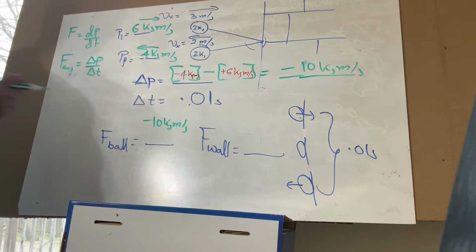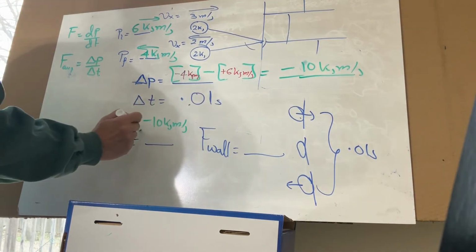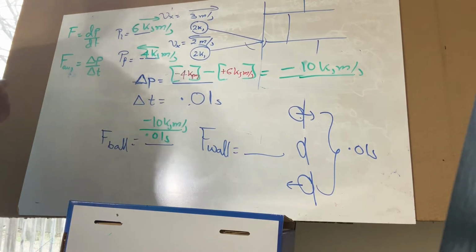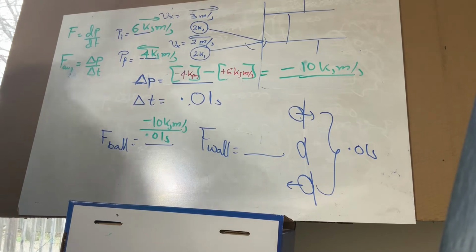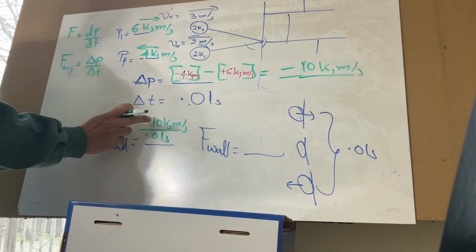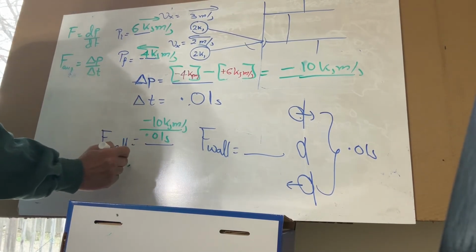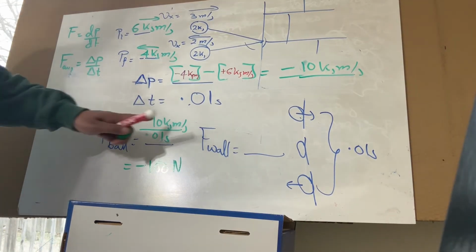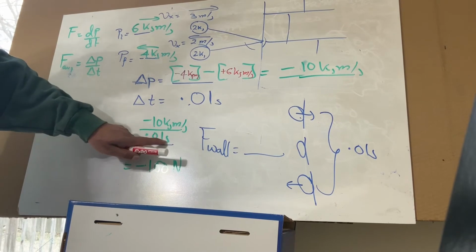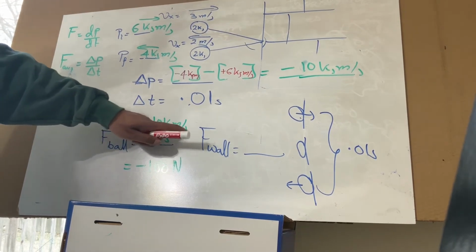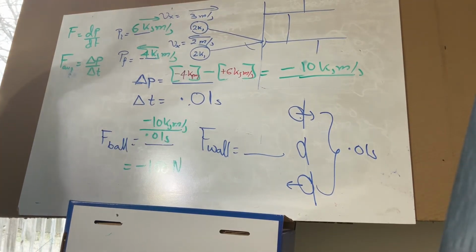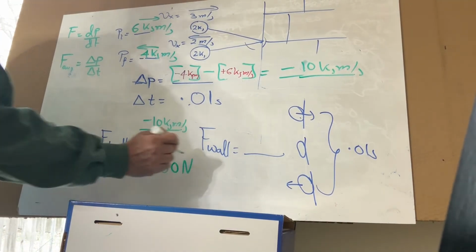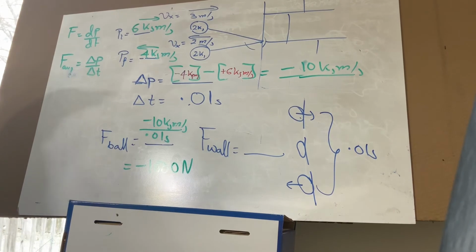And how long does the force last? 0.01 second, right? And so if I divide 10 by 0.01, I'll get minus 1,000 newtons, because this is kilogram meters per second per second. Okay, meters per second per second is acceleration. So it's minus, yeah, negative 1,000, right?